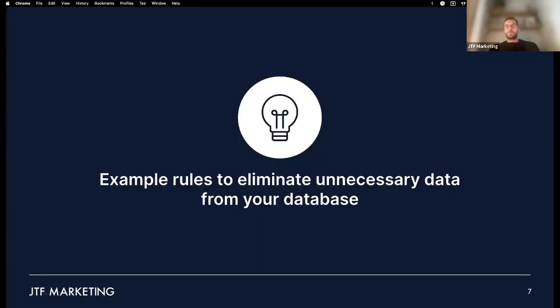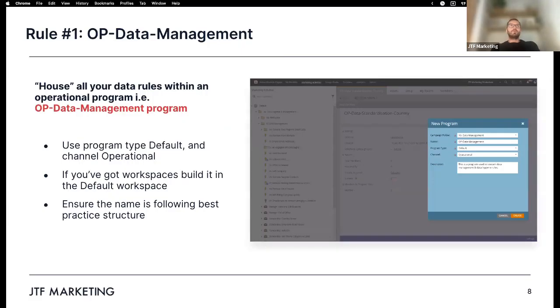And then this is where we talk about some of those rules that we can put in place. So there are many, but we've just pulled a few out that we think are particularly important. So this one here around data management programs. So this example here that you can see on the right, what we suggest is to create a suite of data management programs.